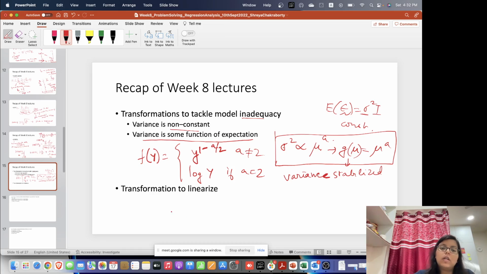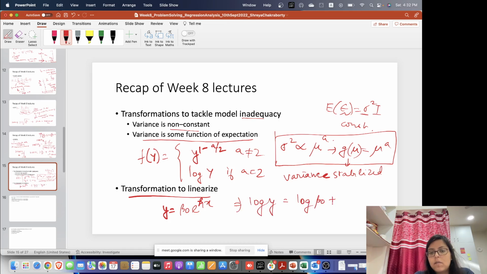And we also learned about a second class of transformation that would linearize our variables. For example, if we have y equal to beta naught e to the power beta 1 x, then if we take log y, we would have log beta naught plus beta 1 x.